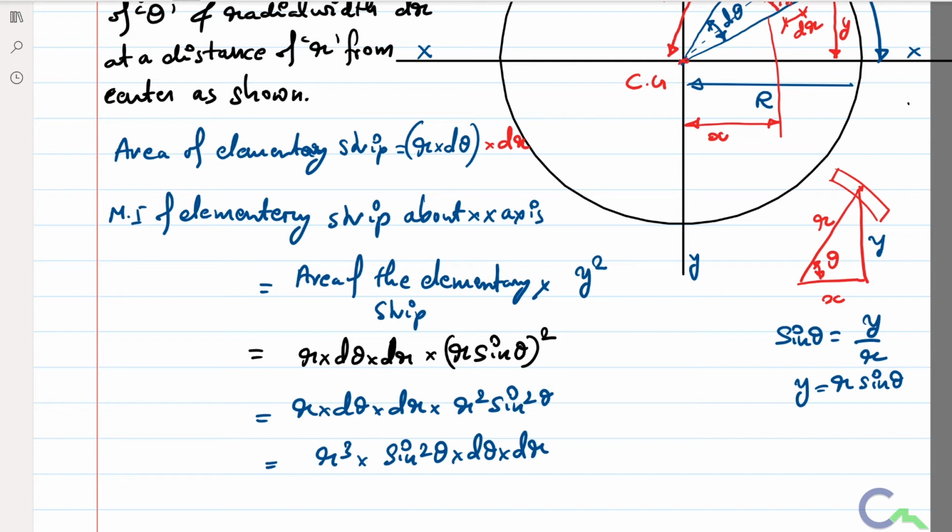So I can write sin square theta is equal to 1 minus cos 2 theta divided by 2.